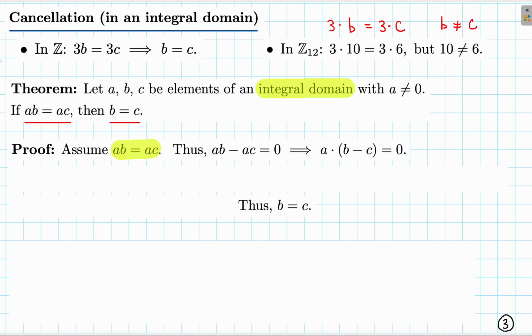And therefore, we have a pair of elements, namely a and b minus c. So let's treat b minus c as one element, that multiply together to be 0.